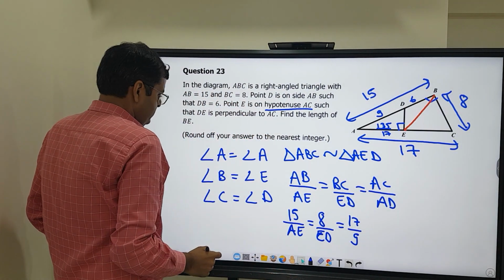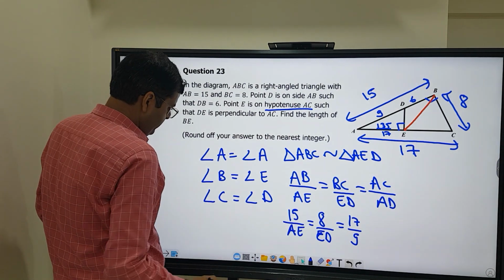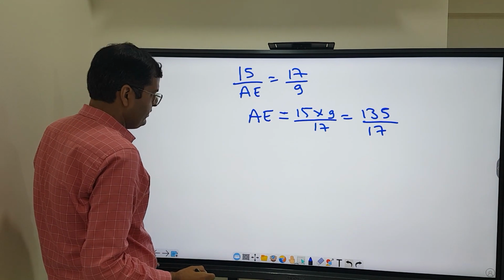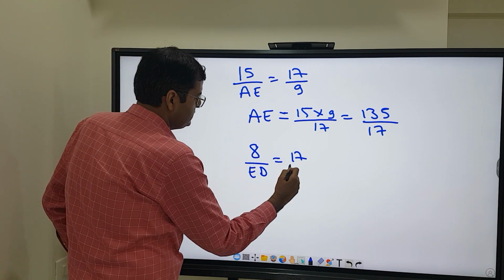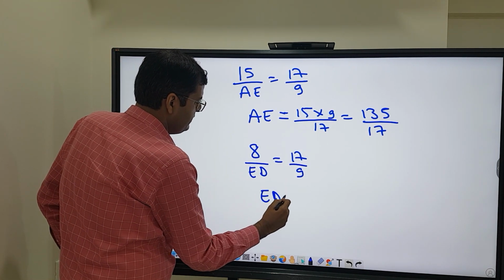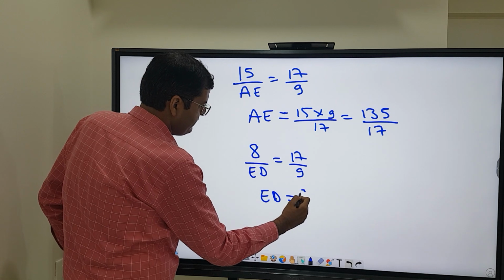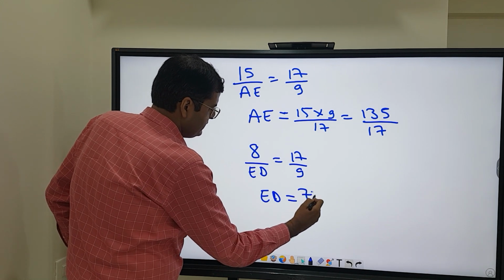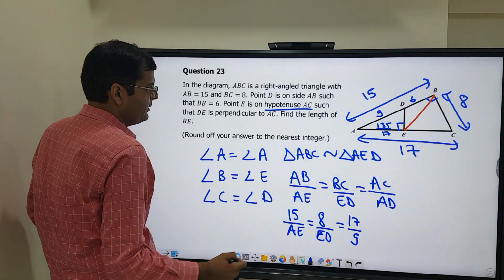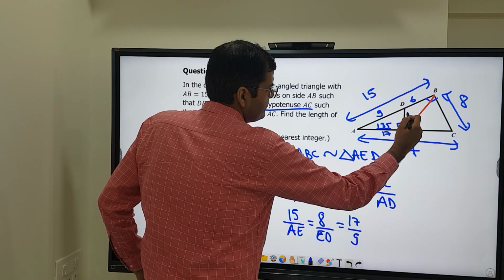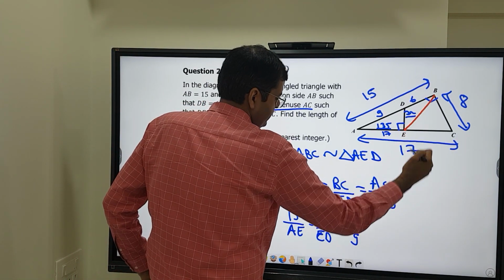Further, 8 upon ED is equal to 17 by 9 also. So ED will then be equal to 8 into 9, which is 72, upon 17. So ED is 72 by 17. This part is 72 upon 17.